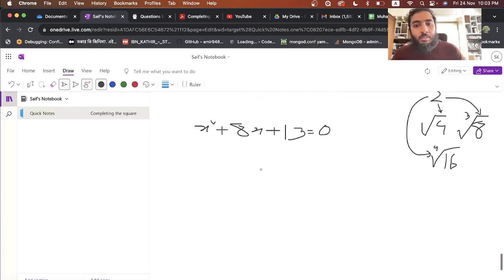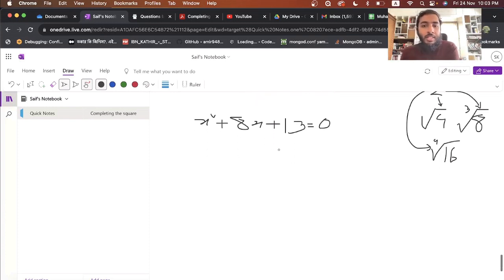What I am thinking of is I have to change this form into something like x plus a whole square plus b.